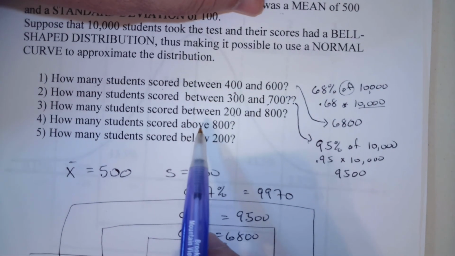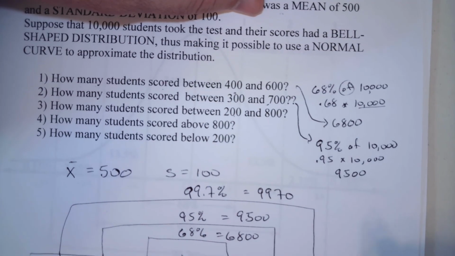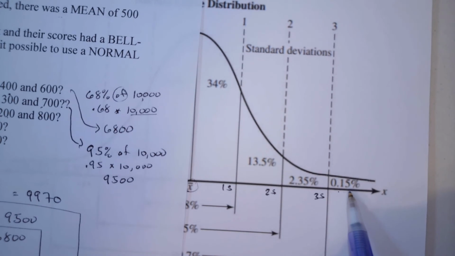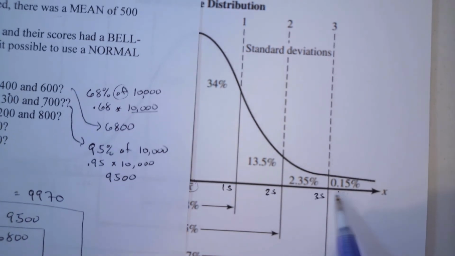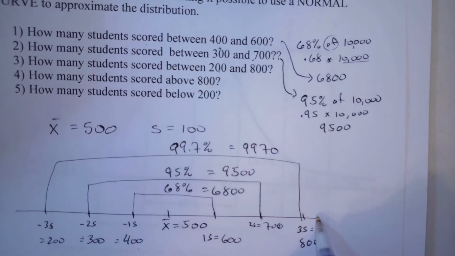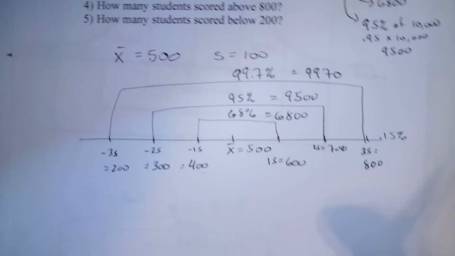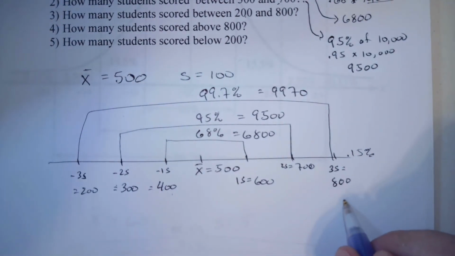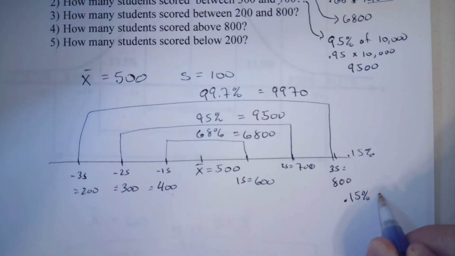How many students scored above 800? That's 0.15%. Above the third standard deviation. So after 800, this is 0.15%. So for this one, it's 0.15% of 10,000.